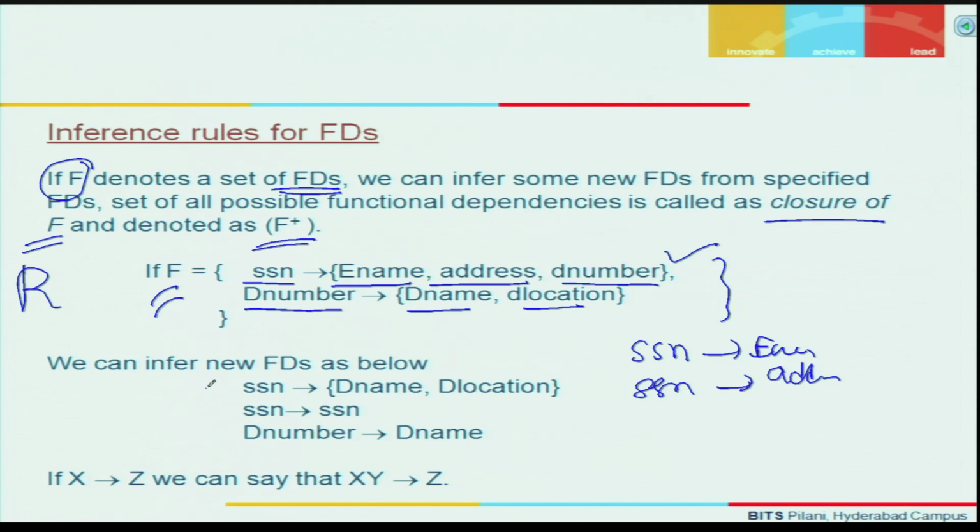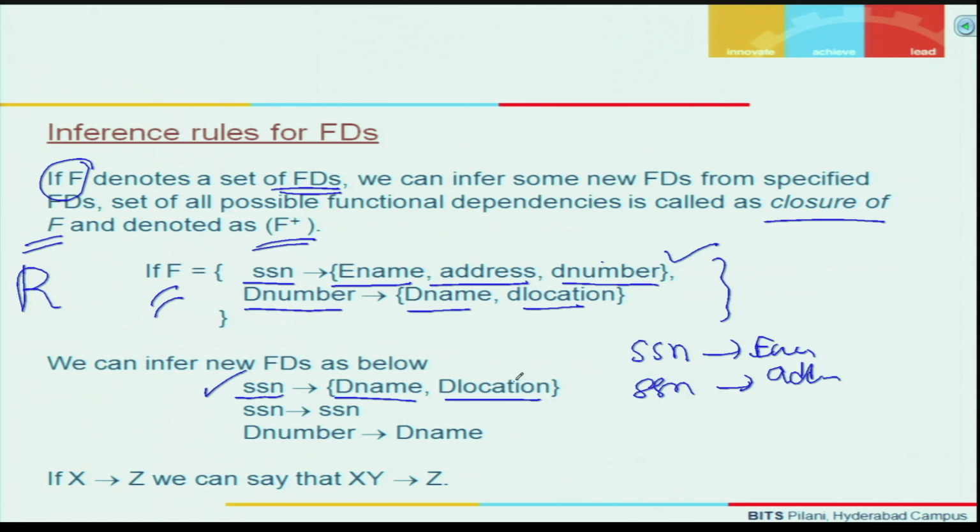So, because D number determines D name and D location, and D number is determined by SSN, there exists a transitive dependency. Then I can say that SSN can determine D number, which in turn can determine D name and D location. Hence, I can infer that SSN can determine D name and D location because of the transitivity.